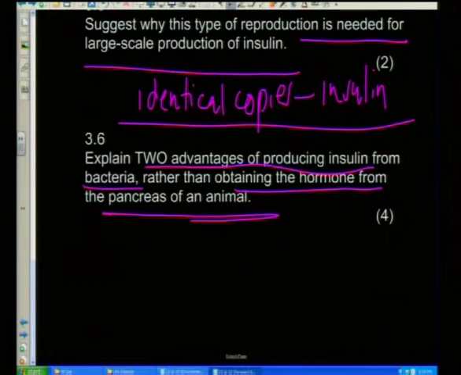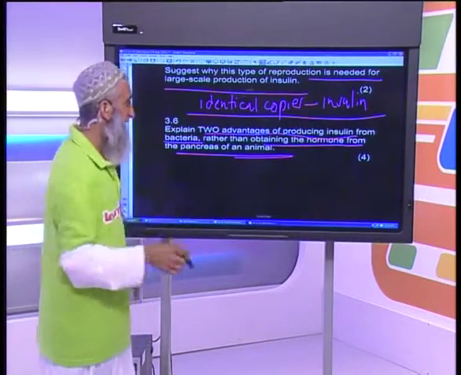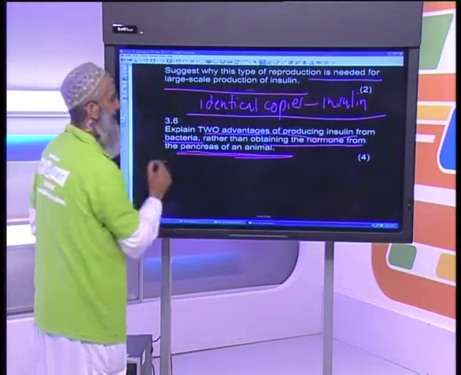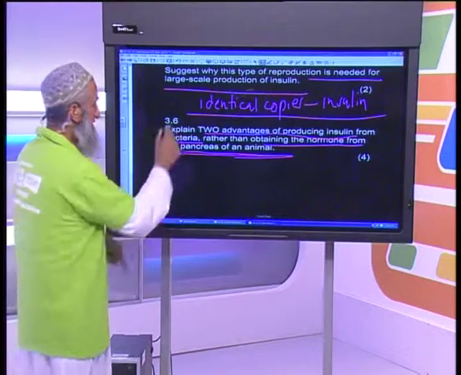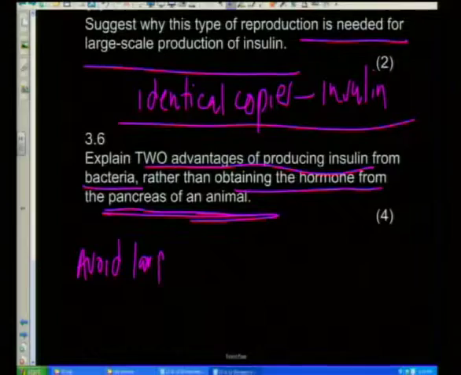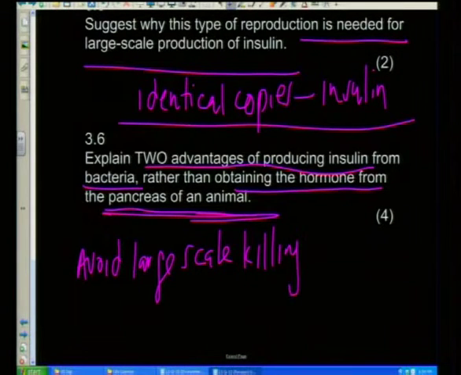Can you see how that can be done? So obviously, you've got to take this disadvantage and make an advantage, or the other way around. And what are the advantages? First of all, if we needed the pancreas of an animal, we needed to kill that animal to get it. So therefore, we're going to avoid large-scale killing of animals.